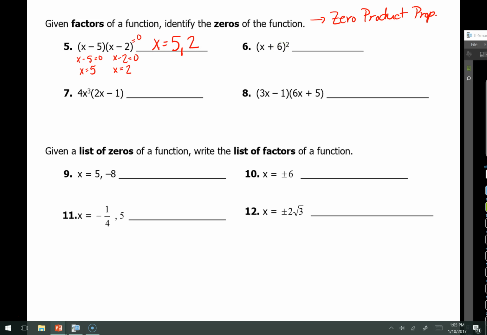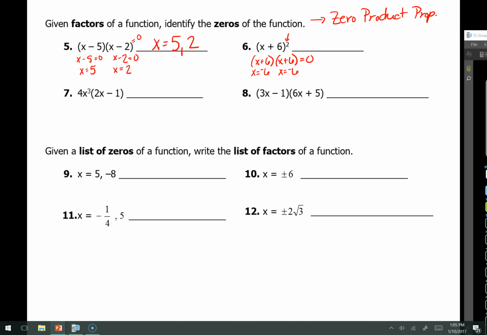Now in this next one, you see that you have the quantity x plus 6 squared. That means that we have x plus 6 times x plus 6. And if those are factors, that means it's equal to 0 and we can solve for x. In this one we get x is negative 6, and in this one we get x is negative 6. So notice we get the same answers because of this multiplicity that's happening.